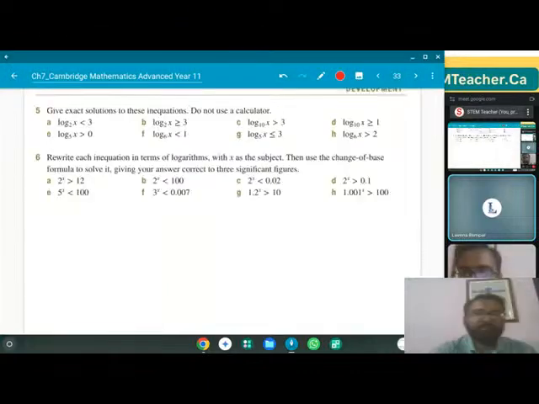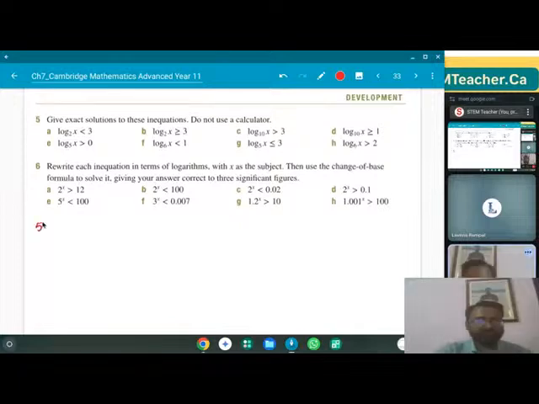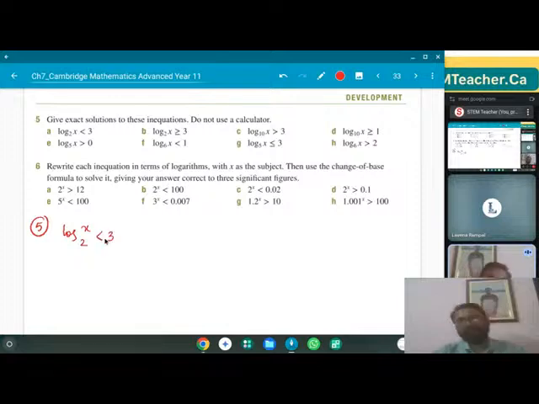Without calculator, we should simplify these problems. What about the fifth one? Log x base 2 is less than 3. How can we do this? What is the base here? Take 2 power.